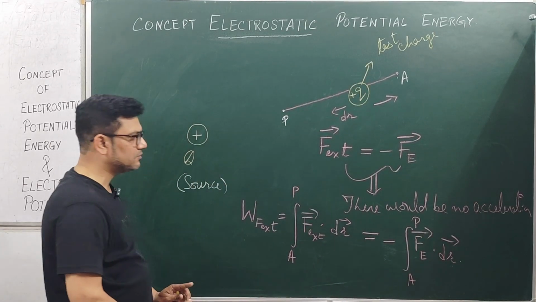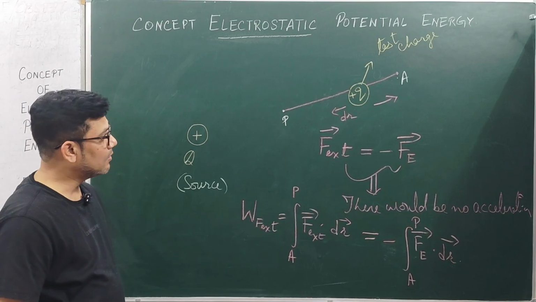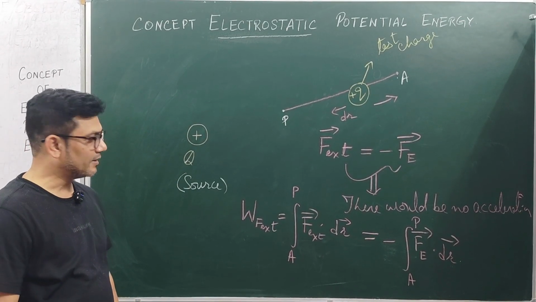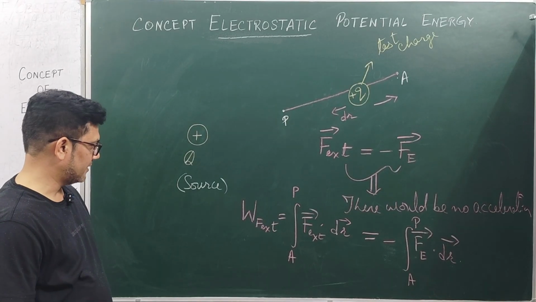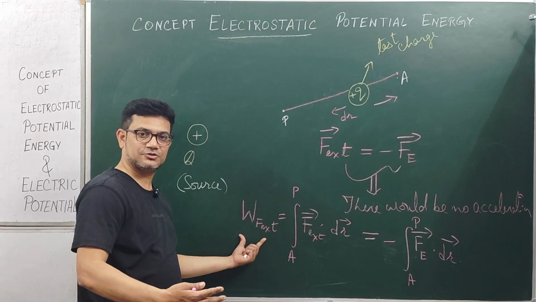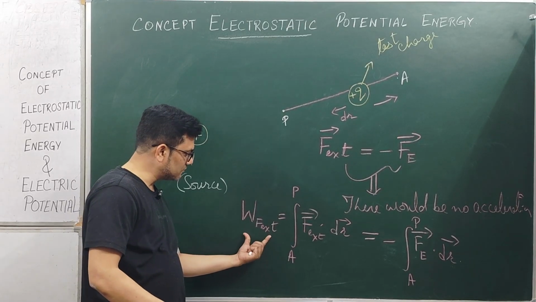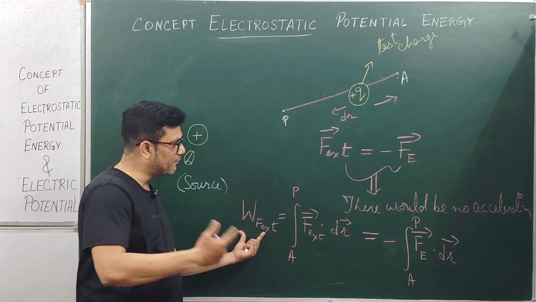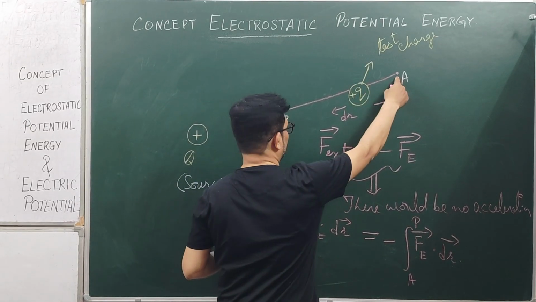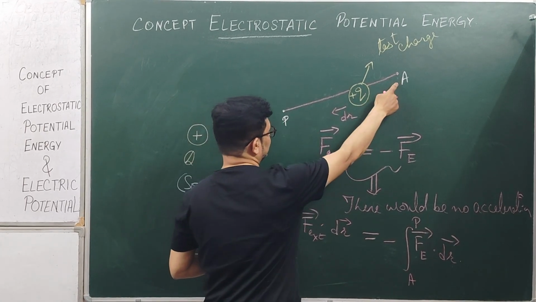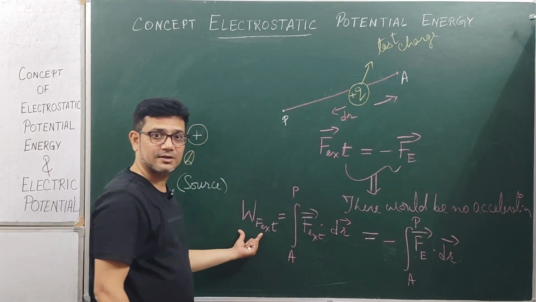Having understood this, now can we define the potential energy? This one is related to the potential energy: the work done by the external force in bringing a charge from one point to another results in the change in potential energy.